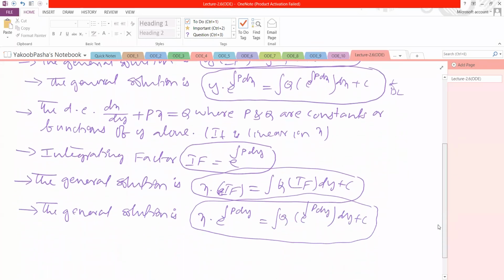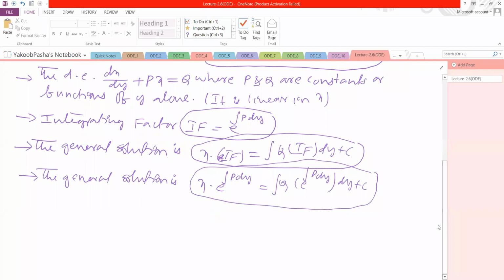So I am taking some examples. Taking the next page.